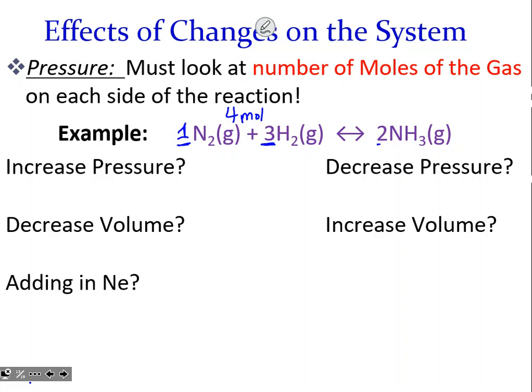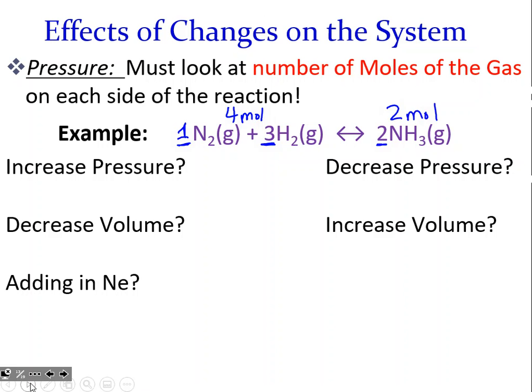We have 2 moles of the ammonia, so that means there's 2 moles of gas on the product side. That is the first thing that you should do before you begin. Now you have the established relationship of number of moles, and you can decide which way it's going to proceed or shift.